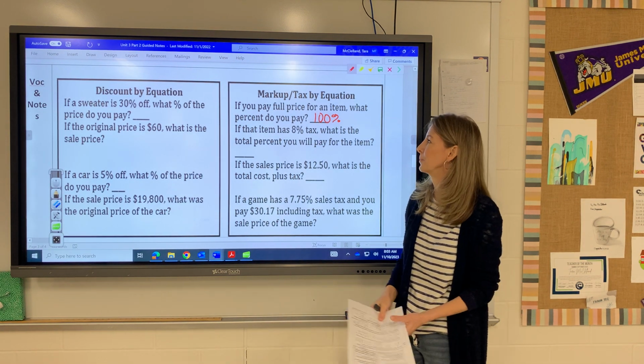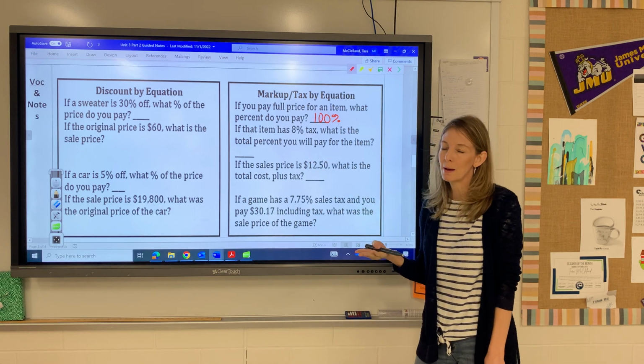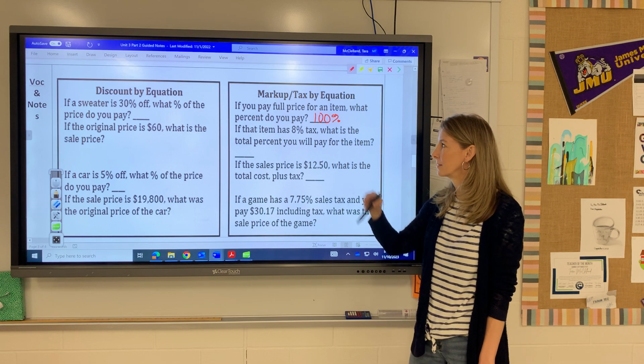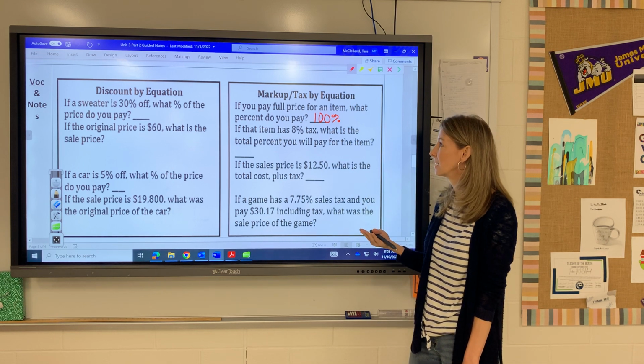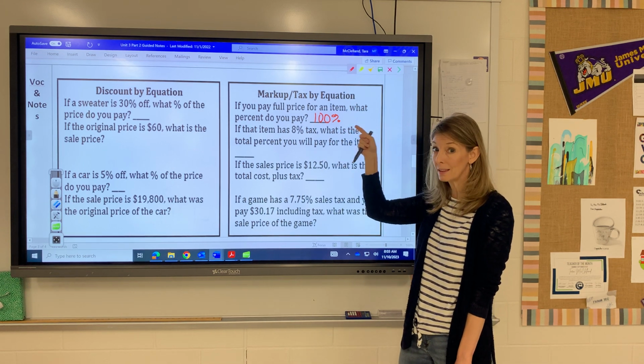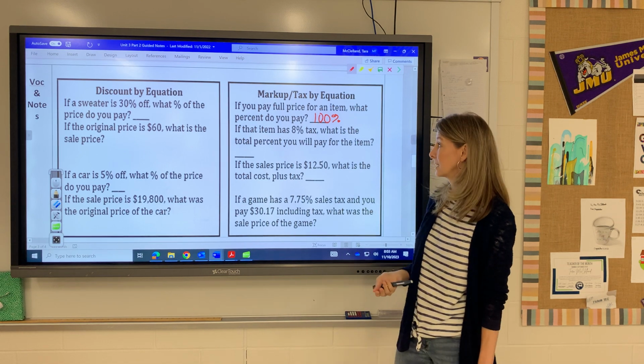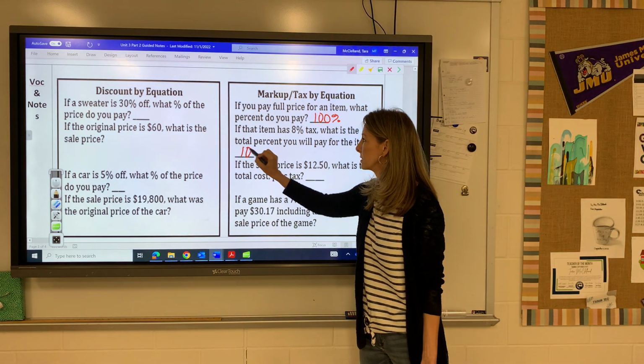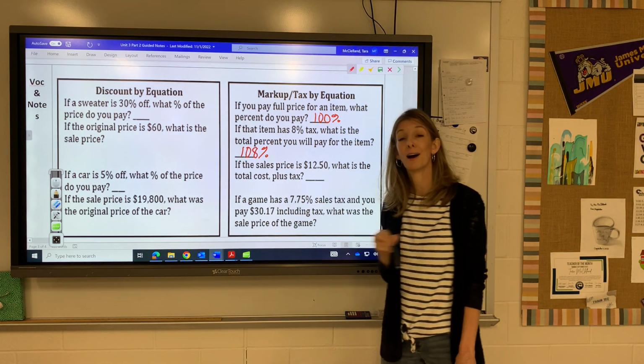Unfortunately, that's not true. If the item you're buying, let's say you're buying a pair of shoes, if the shoes have an 8% tax, you're not just paying 100%, you're paying the 100% plus 8%. What total percent are you paying? Yep, unfortunately, you're paying 108%.